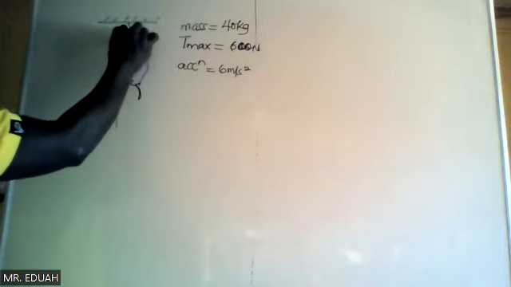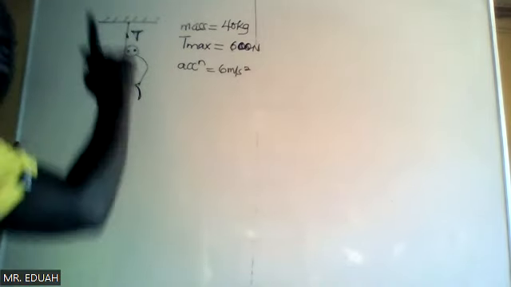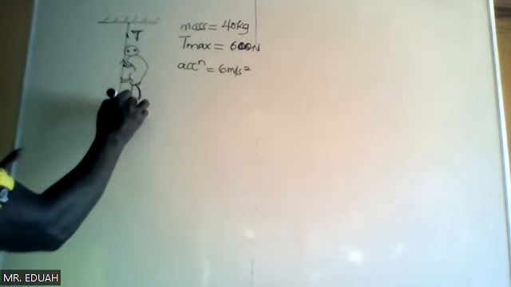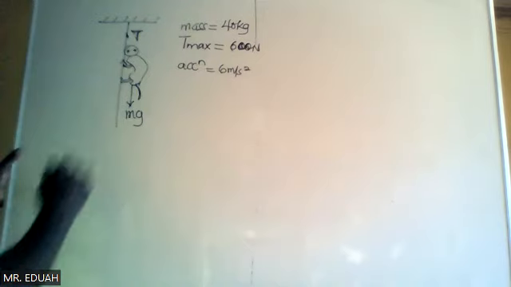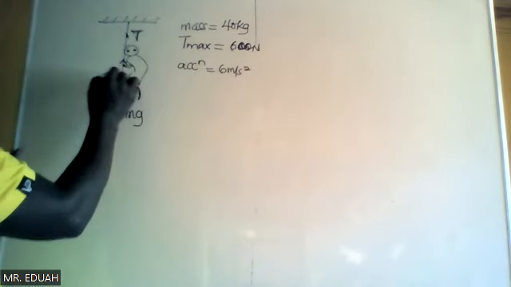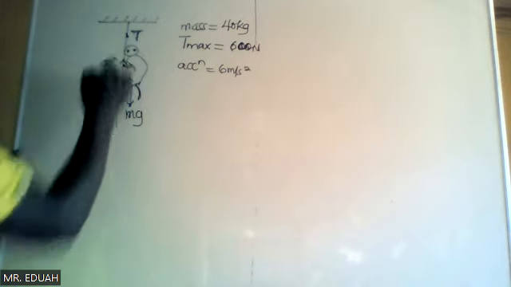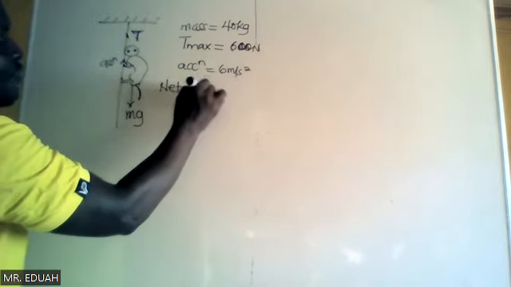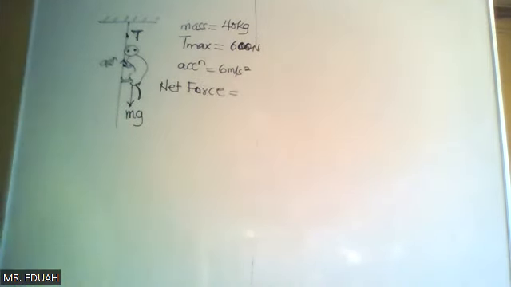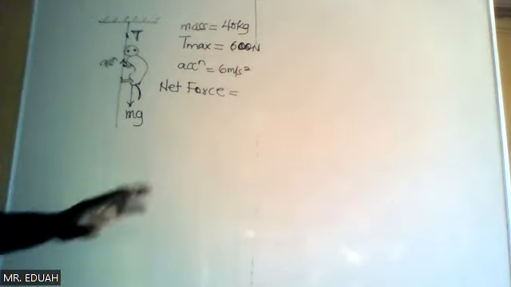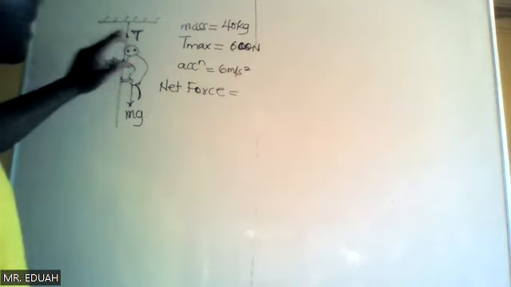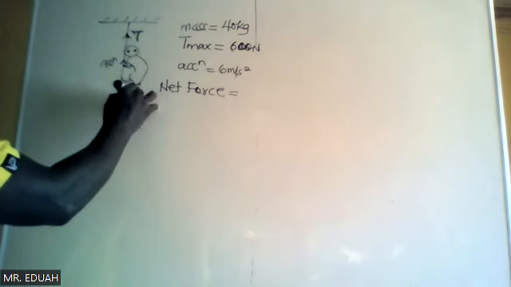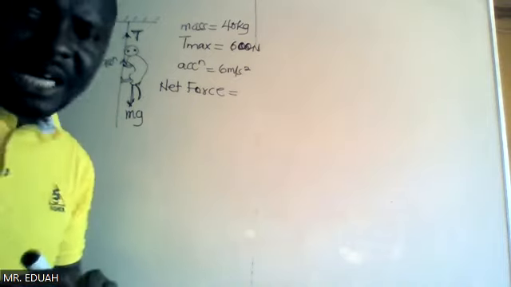We have the tension in the string pointing up to the line of support, and we have the weight of the monkey, mg. So if the monkey is climbing up with this acceleration, class, what will be the net force acting on the monkey?